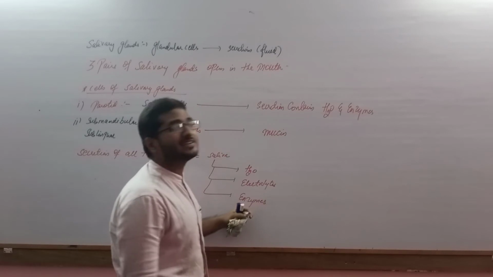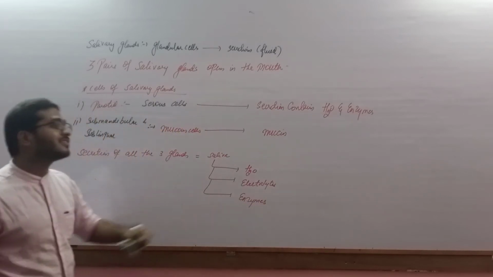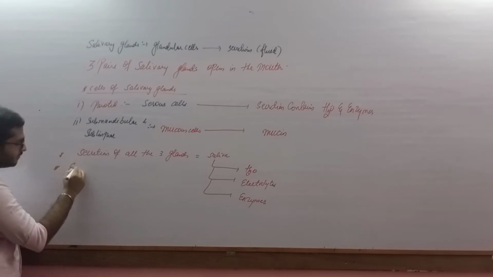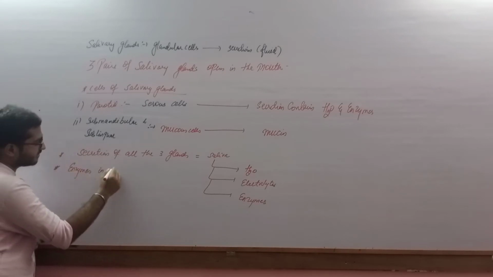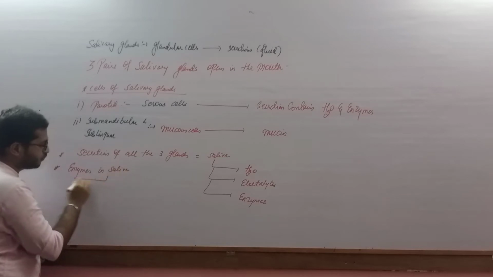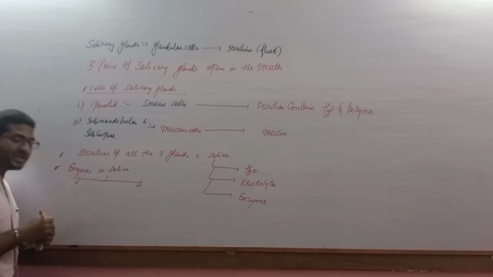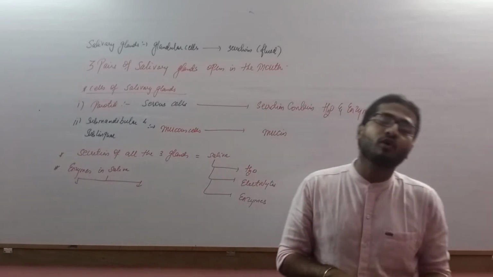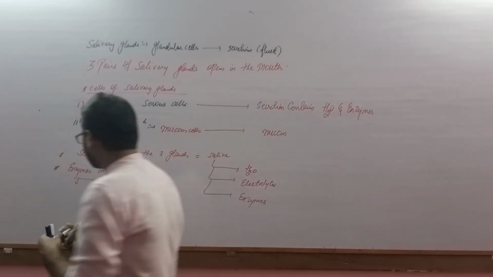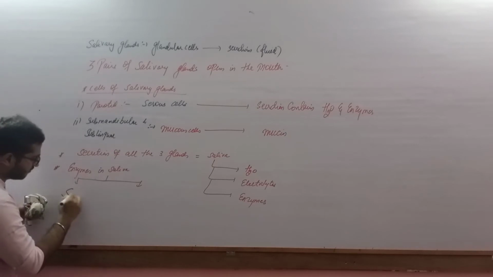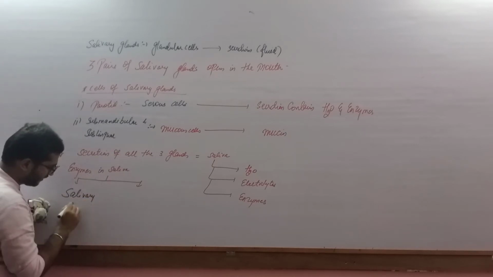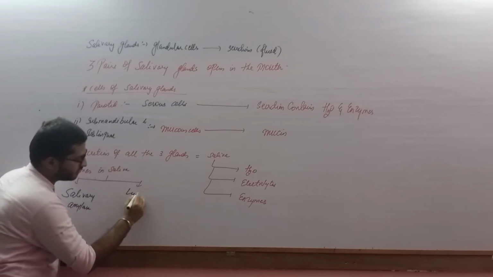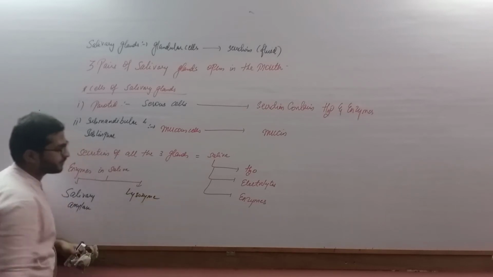Now two main types of enzymes which are present within the saliva are, so again here I am writing, enzymes in saliva are of two major types. The first enzyme is called salivary amylase and the second enzyme is called lysozyme.